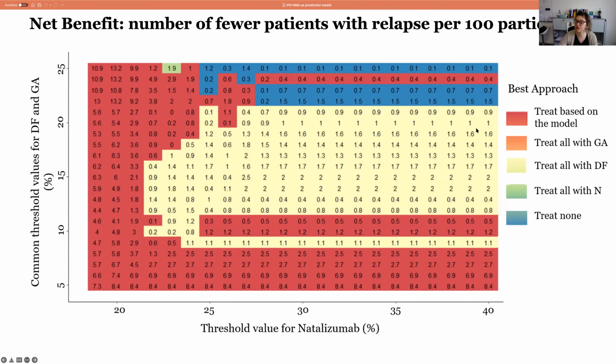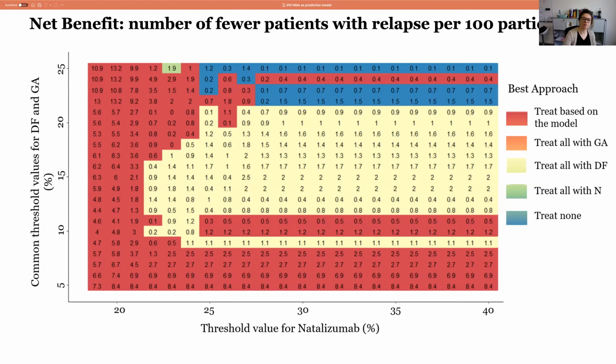For several threshold combinations, dimethyl fumarate, as we saw also before, is also a good alternative. And the values here show how much better the strategy treat all with dimethyl fumarate is compared to the strategy treat based on the model. And you see that the advantage is quite small. It's a maximum of 2 patients per 100 participants.